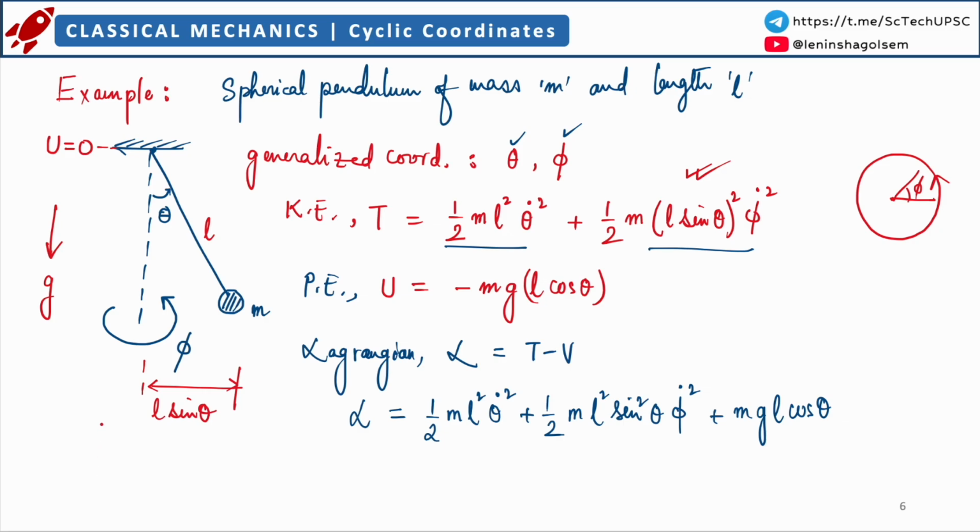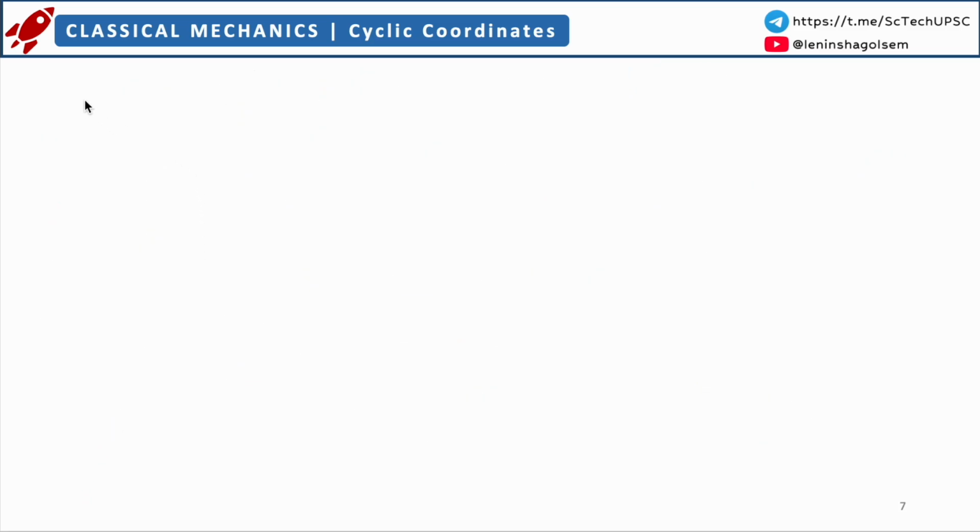So let us calculate p k, which is del L over del q k dot. Let's first check for theta.